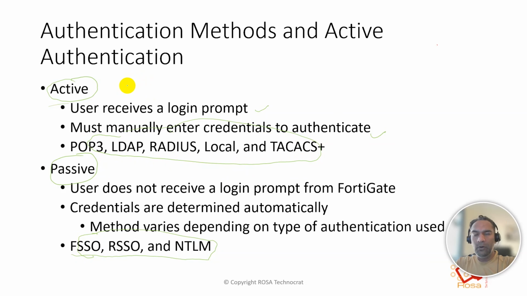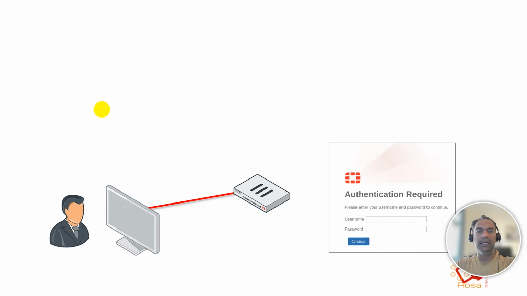So all the authentication methods can be categorized into either active or passive. Active is where a user needs to manually enter credentials, and passive is where users don't input the credentials.